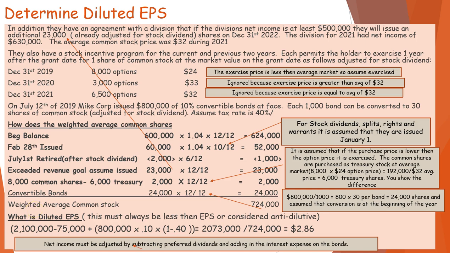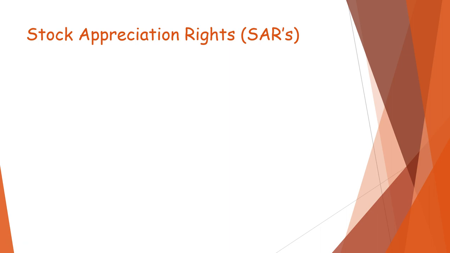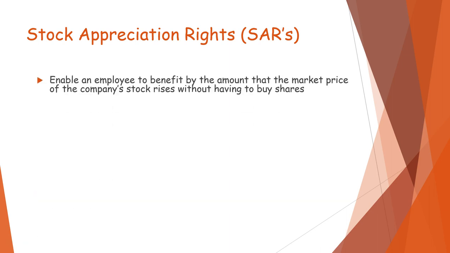Now the last thing we're going to cover is stock appreciation rights. These enable an employee to benefit by the amount that the market price of the company's stock rises without having to buy shares. Employees are rewarded for the share appreciation.